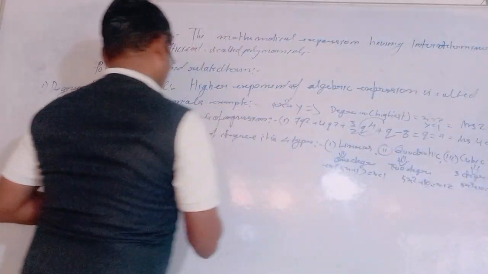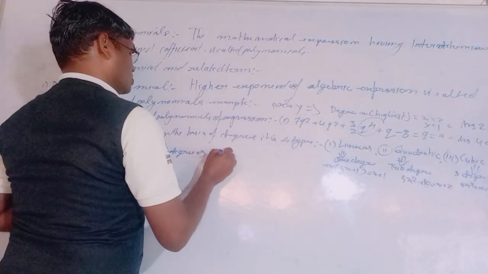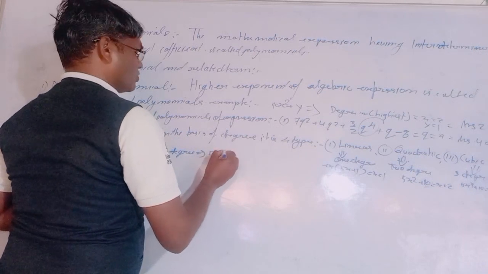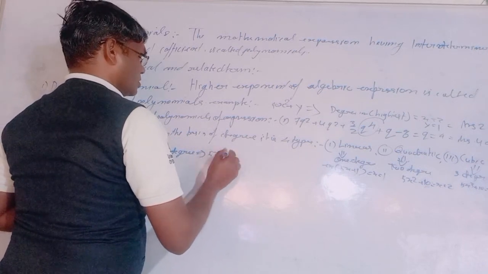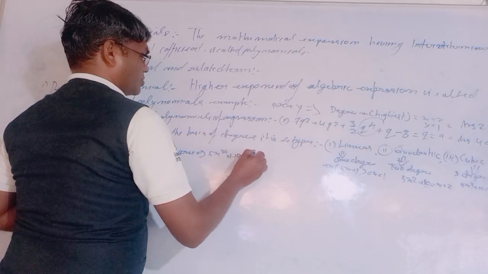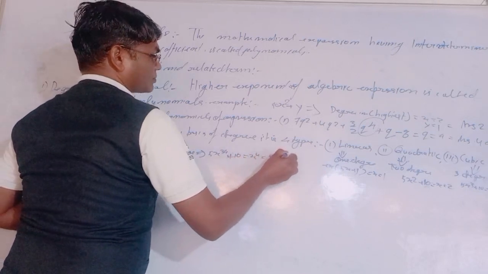And another example, 5x to the power 4 plus 10 is 4 degree.